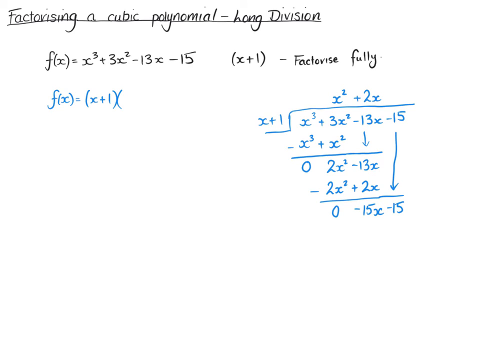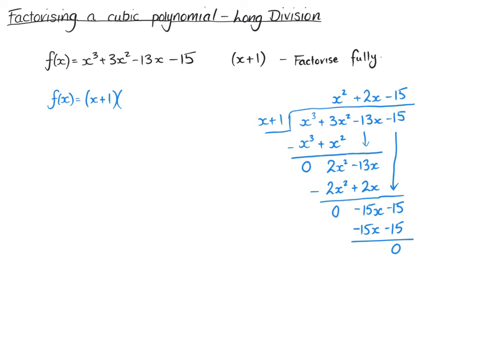Okay, so then what do I have to multiply x plus 1 by to get the minus 15x? And that's going to be minus 15. So when I multiply that through by minus 15, I get minus 15x minus 15. So I get a remainder of 0, so that means it is a factor.